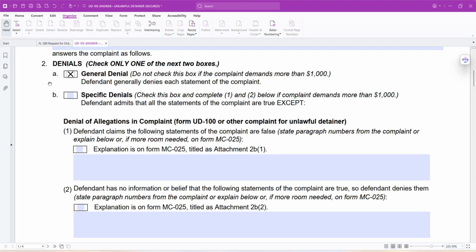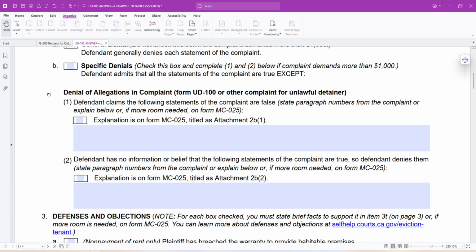If there's no dollar amount given, you may check this box that basically tells the judge you disagree with everything that has been put in the complaint. If the complaint seeks more than $1,000, then you will need to mark box B.